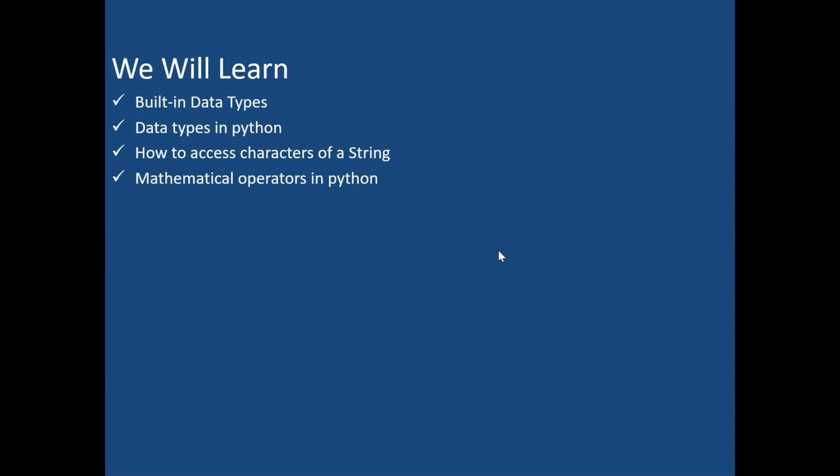It will give Ramakrishna. That's how you can apply the mathematical operations. Next, Rama into 108. You know what happens when you give Rama star 108? Rama will be repeated 108 times. So that's how you can apply the mathematical operators on the string.